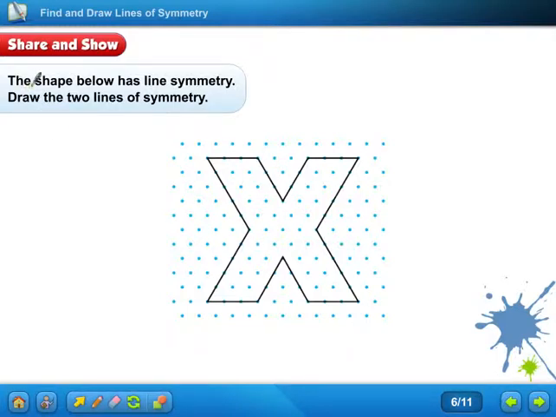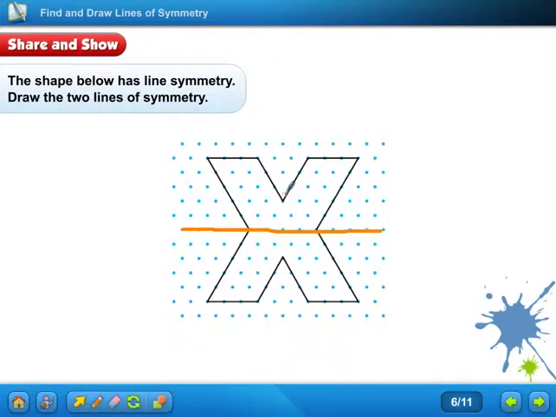It says the shape below has line symmetry. Draw the 2 lines of symmetry. You can get paper and cut this out as well, and you can figure this out. So let's see. If I fold it like this on that diagonal, would that work? If you said no, you are correct. What about if I fold it horizontally?